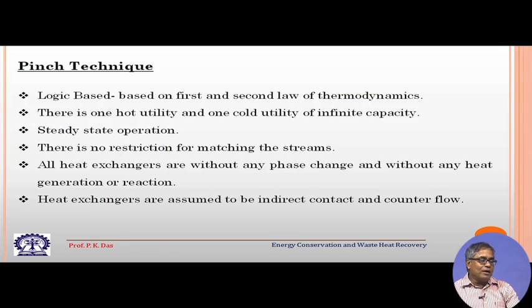For the analysis which we will follow, we will assume that there is only one hot utility and one cold utility of infinite capacity. In a practical plant, there could be a number of utilities. Let us say some cooling is done by ambient air and some by chilled water.